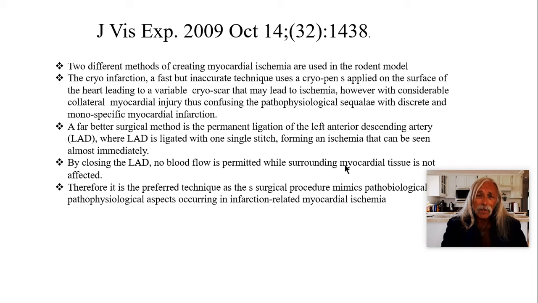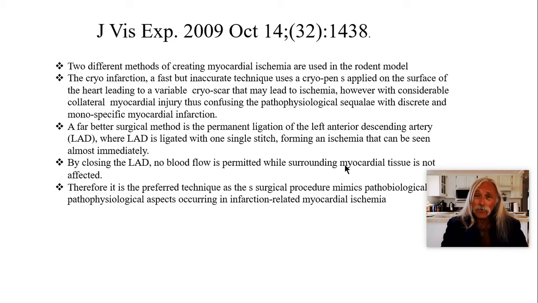Now that can lead to ischemia, however, with considerable collateral myocardial injury, as you might guess. And that could confuse the pathophysiological sequelae, with discrete and monospecific myocardial infarction being the goal.